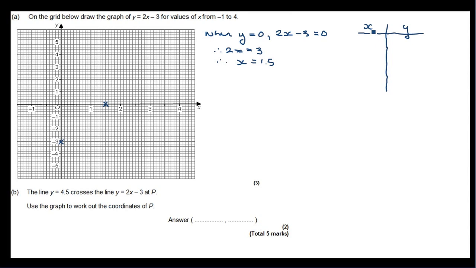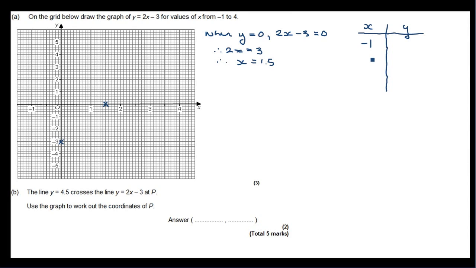Basically, we're going to put any values we want down here for x, and then we're going to plug that into our function and see what values of y come out, because y, remember, is a dependent variable. So what are we going to do? Well, we don't need to put x equals 0 because we've already worked out that point, but I'm going to put it in my table anyway, and you'll see why in a moment.